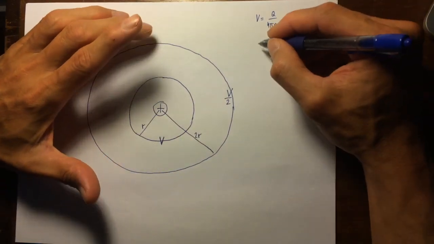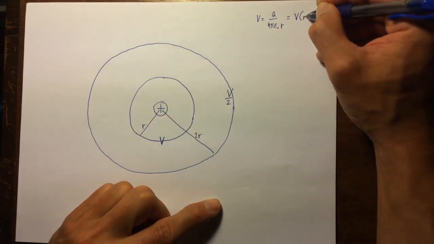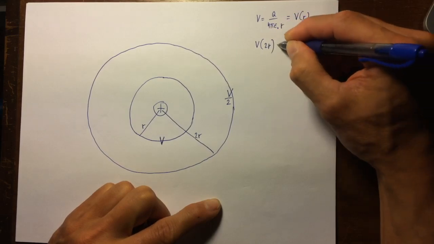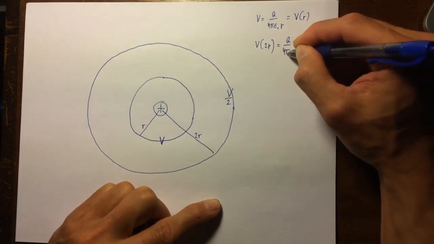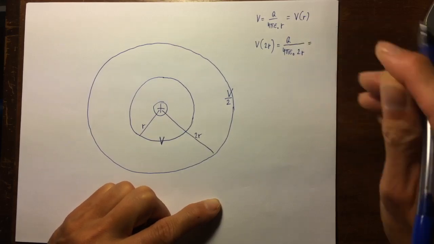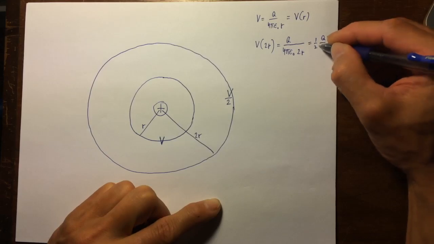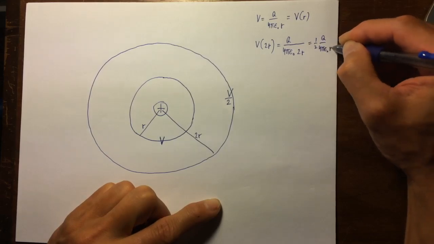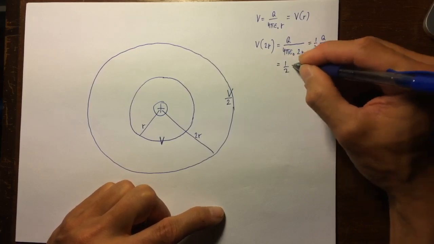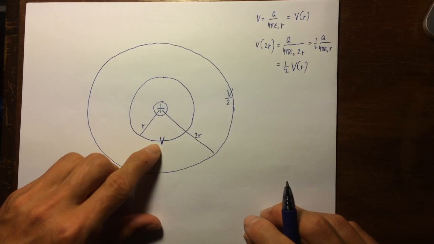So this is the potential at R, and the potential at 2r equals Q over 4 pi epsilon naught 2 times R, which is equal to 1/2 of Q over 4 pi epsilon naught times R, and this is equal to 1/2 of the potential at R, which we're calling V.